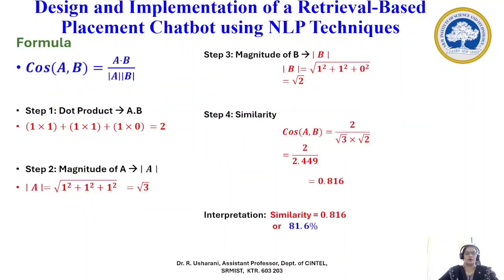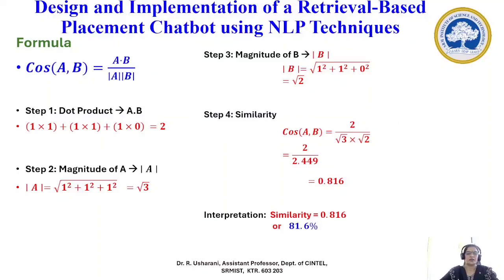The formula of cosine similarity of A comma B equals A dot product B divided by magnitude of A into magnitude of B. So how do we calculate the dot product? We already have the vector from the stored document's unique word vocabulary, 111, and the user query vector is 110.